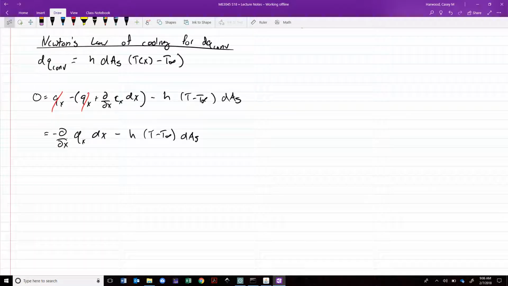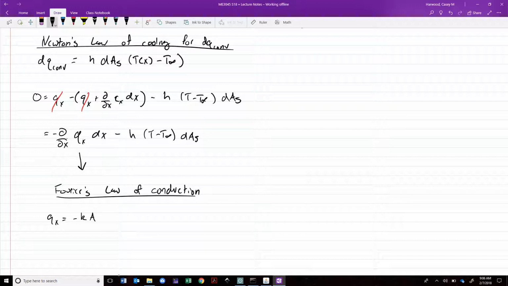so now, on this term, we're going to use Fourier's law of conduction, which says that qx is equal to negative k A partial T partial x. Well, say Ac, because that's the nomenclature we gave to the cross-sectional area. So conductivity, temperature gradient on x, and cross-sectional area normal to the x direction.